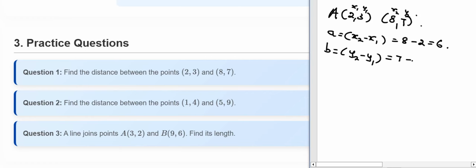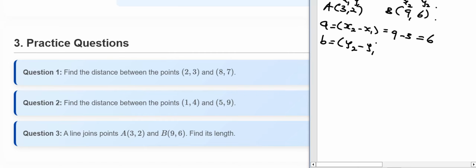This is x1, y1, x2, y2. So here we have x2, which is 9, minus x1, which is 3. So 9 minus 3 is 6. And then B is given by y2 minus y1, which is 6 minus 2. So 6 minus 2 is 4.